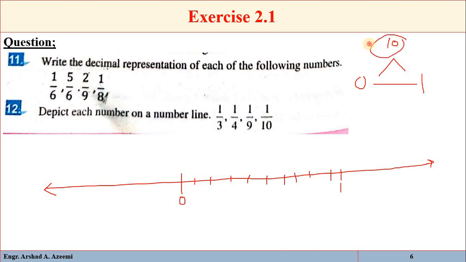So each part will represent 1 of 10, and 1 of 10 will be this point. Now 1 by 4 means the fourth portion of this 1. So 2.5 means the mid of the 2 and 3 points, that will be 1 by 4. Then we have 1 by 9, meaning the ninth part of this 1 portion.